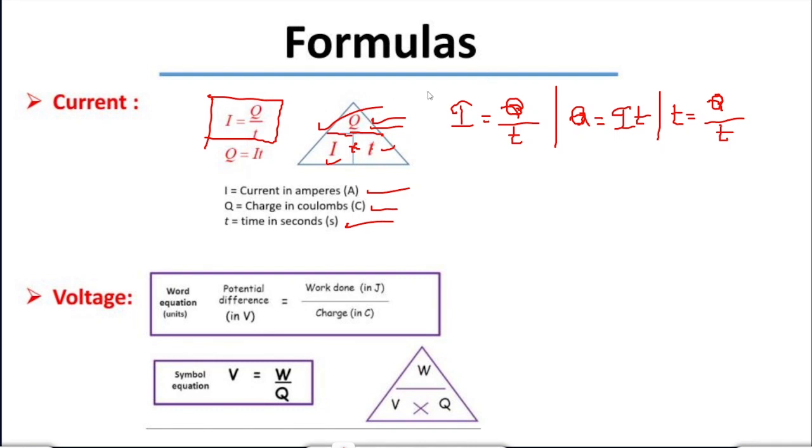If you remember this one formula, that is good enough to solve current problems. And we have one more formula that we will discuss in a few minutes.